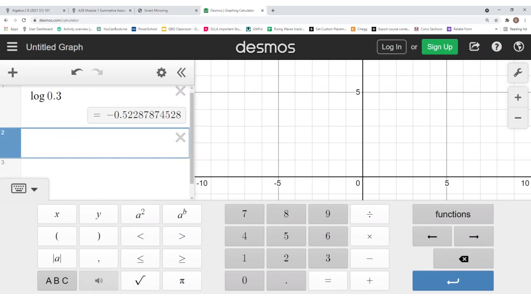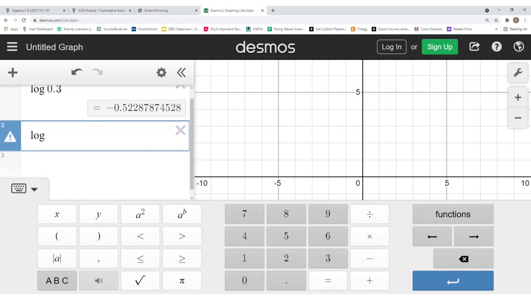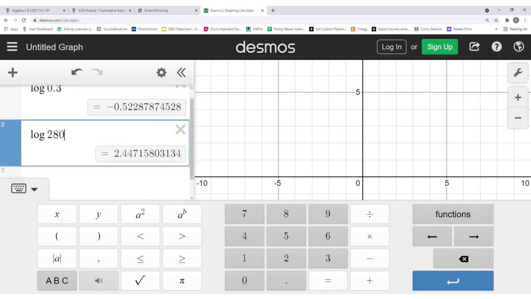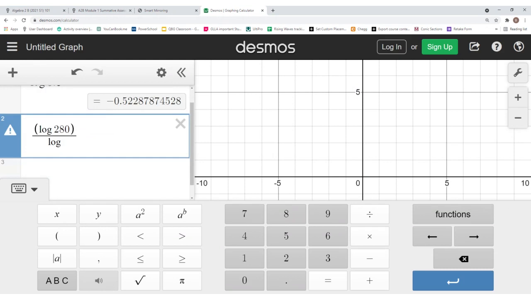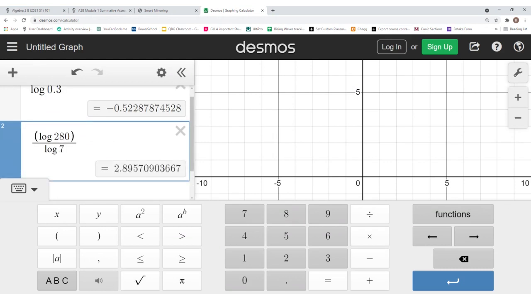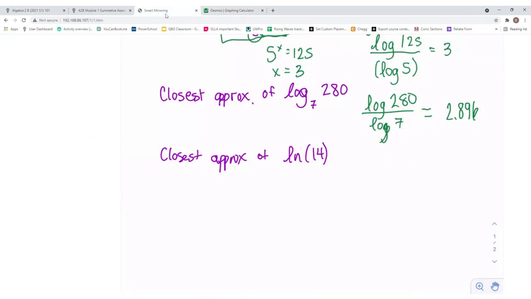So we can do log of 280, and then I'm going to close the parentheses because I want to divide by log of 7. That's equal to approximately 2.896, something like that. So we did the change of base formula, and we're able to figure it out.